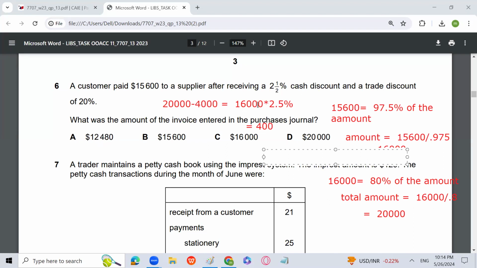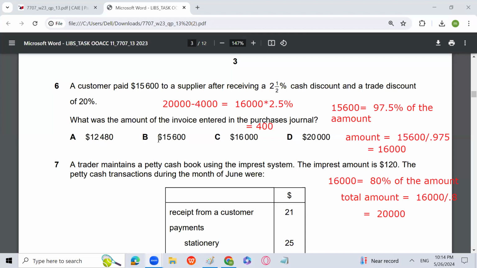First, we have to divide it by 97.5% or 0.975 to get 16,000. That is the answer. And if you want to find the amount before trade discount, you divide it by 0.8 and that is 20,000. But remember that the trade discount will not be shown anywhere. So in purchase journal, we will write 16,000 rather than any other amount, rather than 15,600.